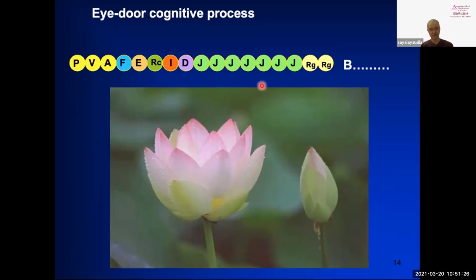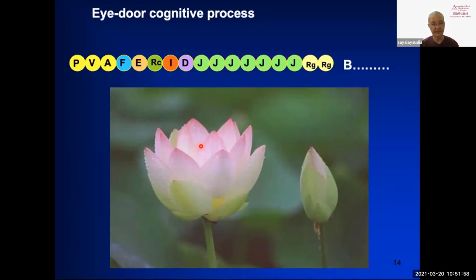Okay, there's one important point here. The 7 successive consciousness within the same javana stage must be of the same type. Let's say, up to determining consciousness, you only know it's a visible object, but still not clearly. However, you know it's a visible object, so you have some liking.